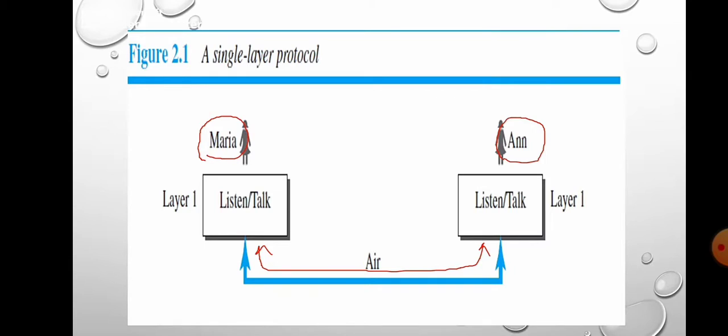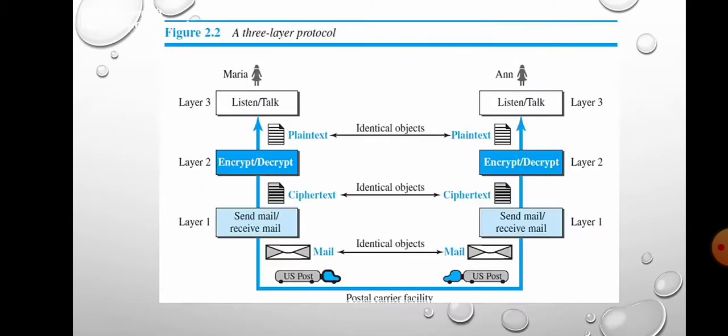Either the language will be the same, or we can assume that Maria and Anne are neighbors with a lot of common ideas. So this is a single layer protocol. Maria can listen or talk. Similarly, Anne can listen or talk. Here we need a single protocol since the communication is very simple.